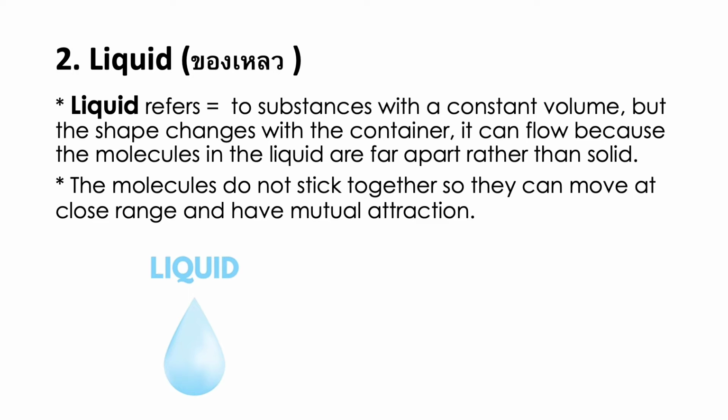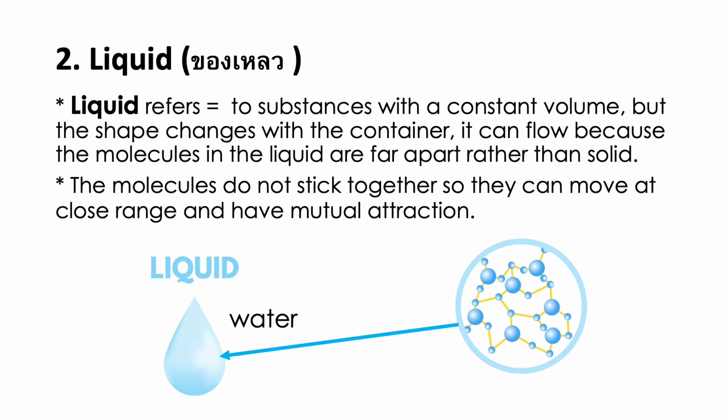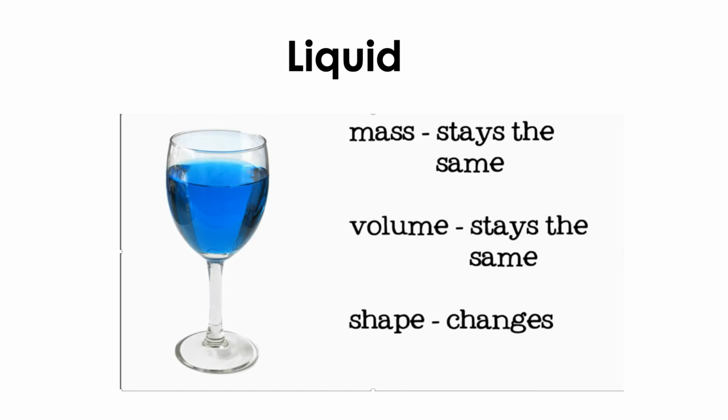Now, this is an example of liquid, the water. Okay? Now, if you can see the molecules, they will not stick together, and they are always moving and changing their shapes. Okay, that is the liquid molecules.